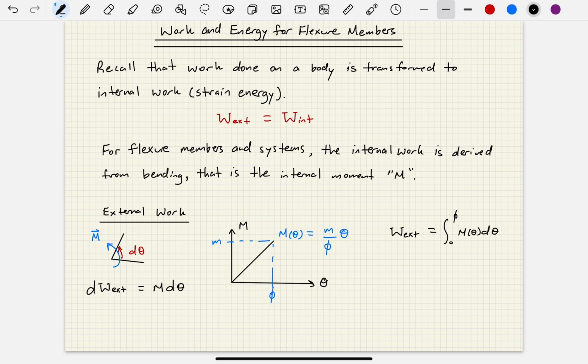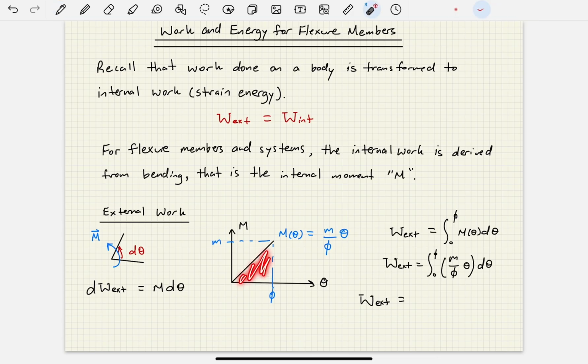Well, do I know M as a function of theta? Absolutely. It's this equation right here, when we said we increase m to a final value of little m that has a corresponding value of phi, okay? So I can substitute that in here. I can get external work is equal to the integral from 0 to phi of m over phi times theta d theta, okay? And so then what does that come out to be? I'm going to write this here, W_EXT. You raise it a power and divide by the new power. It's just the integral of a line, or it's the area of that triangle, right?